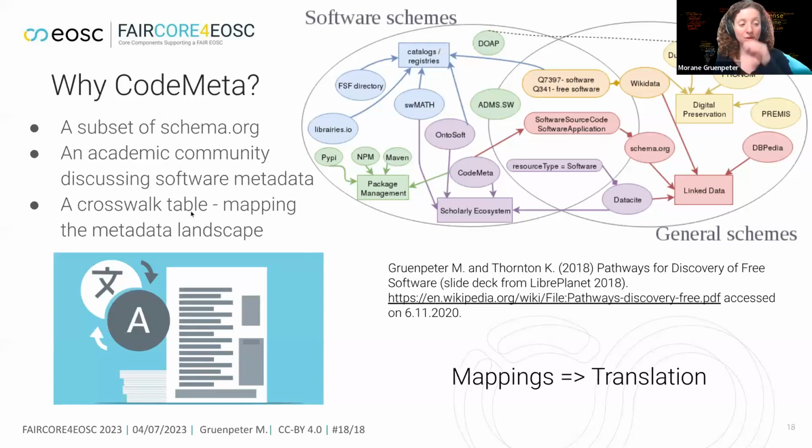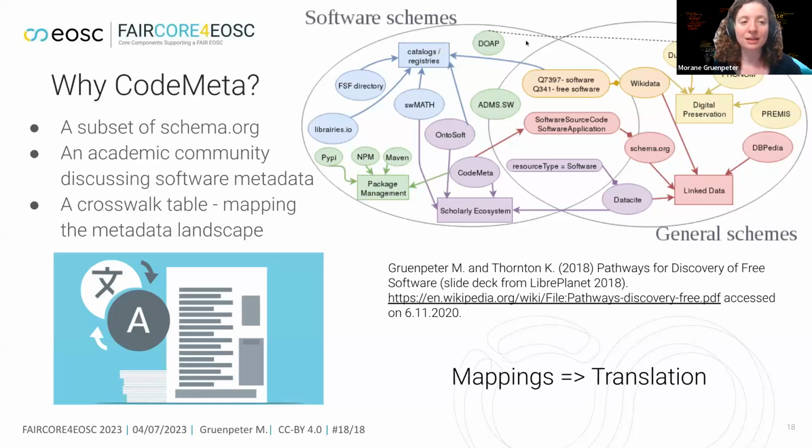This crosswalk table is a mapping of the metadata landscape that you can see in this slide. In this landscape, you have many software schemes, and this is not an exhaustive diagram. The landscape is much larger than just these vocabularies, but it's to give you an idea of what is out there.